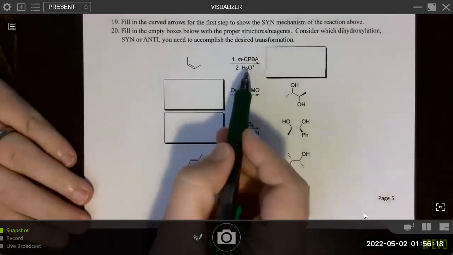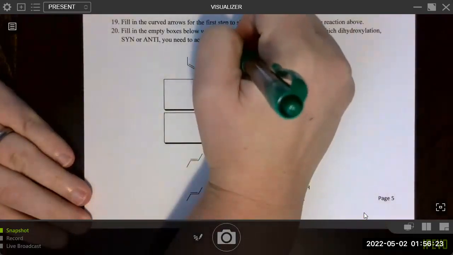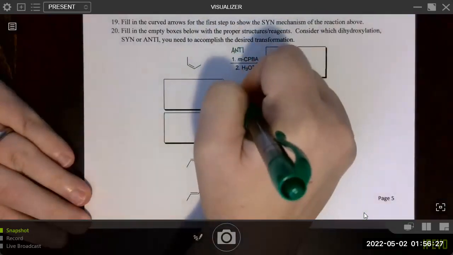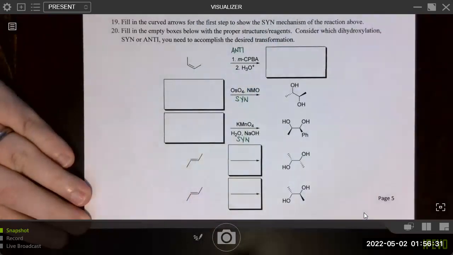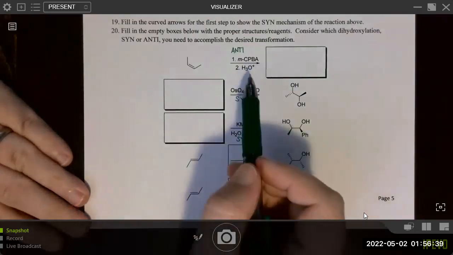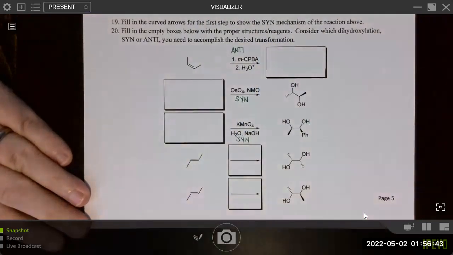So MCPBA followed by acid is the anti-dihydroxylation product. Osmium tetroxide is syn, potassium permanganate is syn. So that's good to know. So we can draw the product of this anti through either model 1 or model 2.